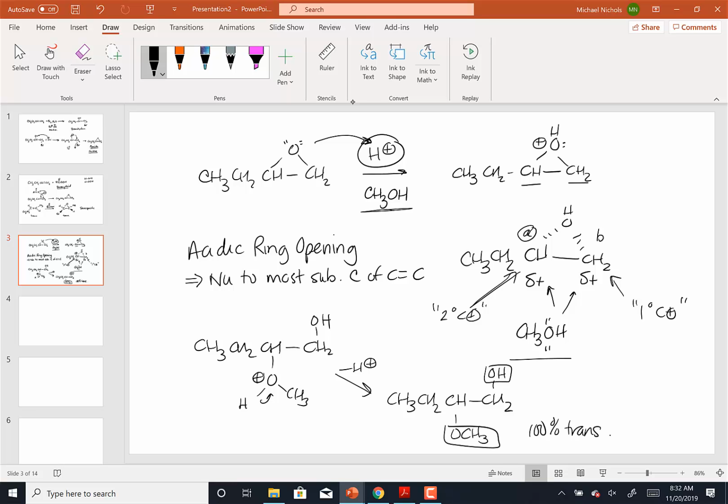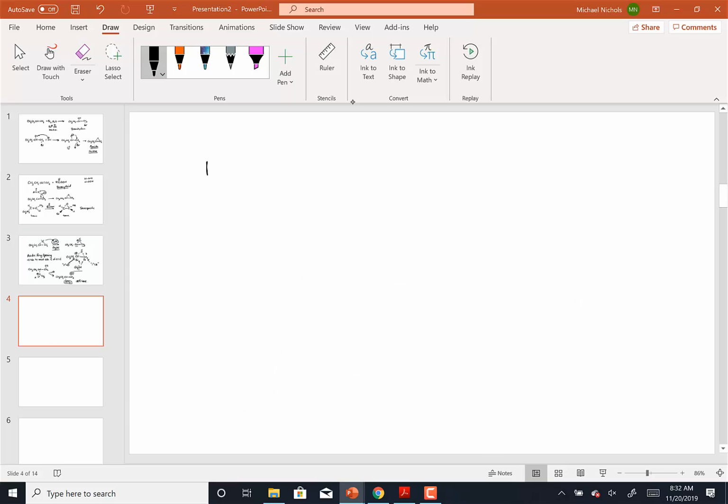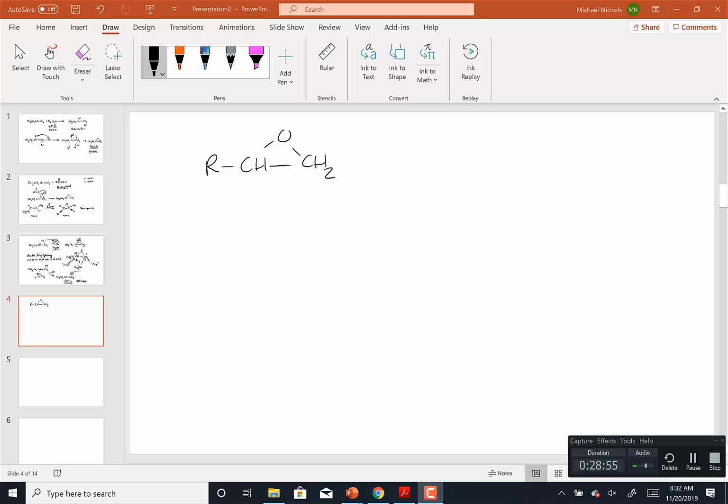And I can do this reaction with a number of different groups, but right now only acidic. So I could react this with H plus H2O. I could react this with H plus alcohol.